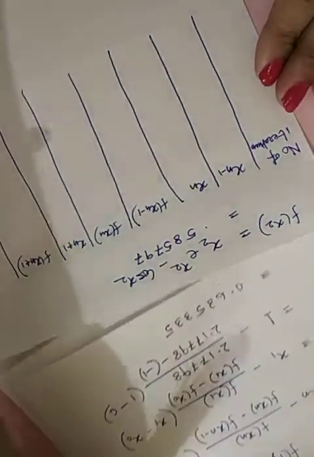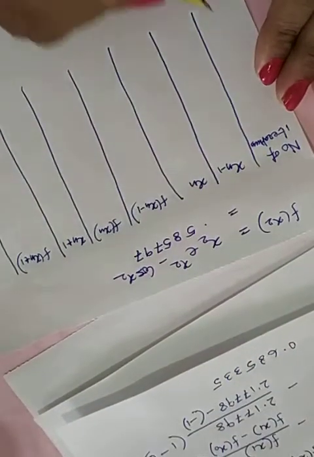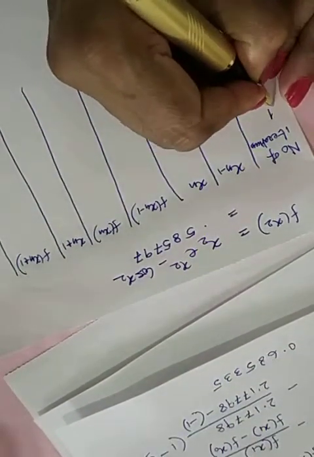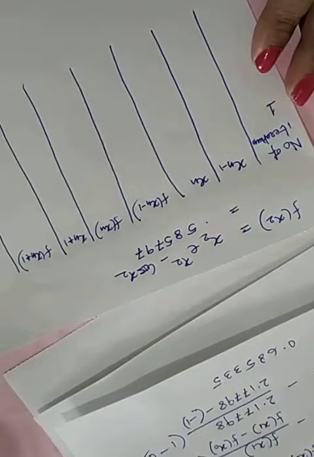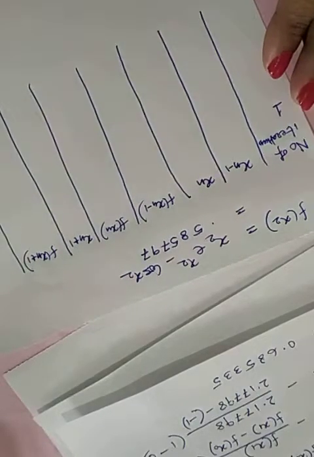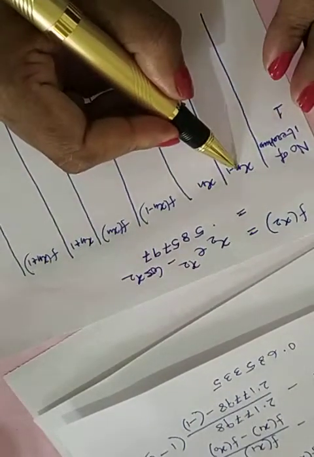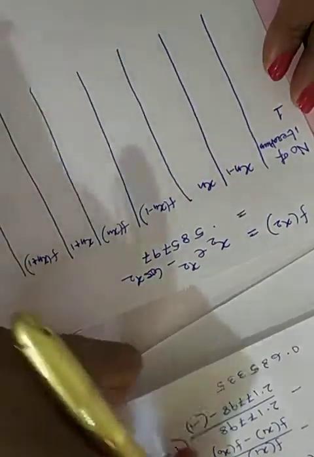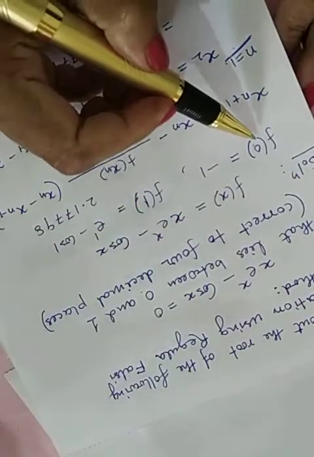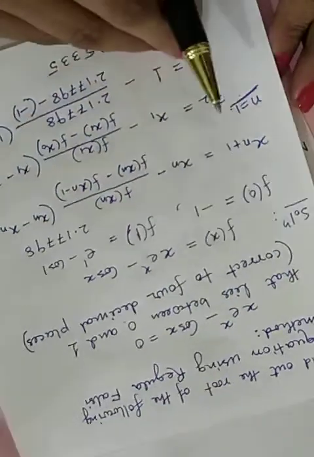So for the first iteration, iteration number 1, the value of x(n-1), that is, n is 1, 1 minus 1, is x0, which is 0, and x1 is 1.